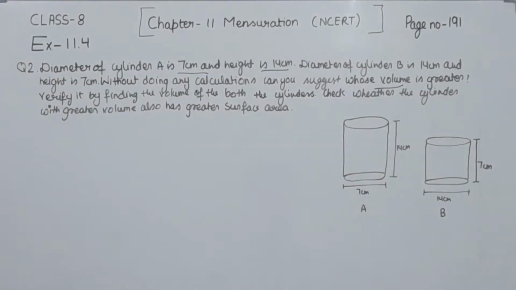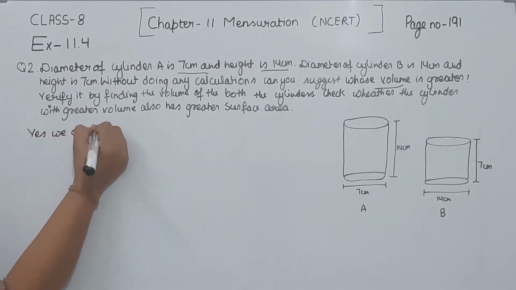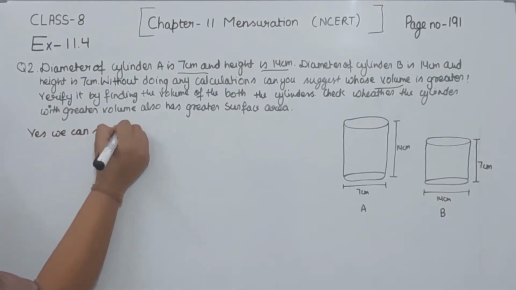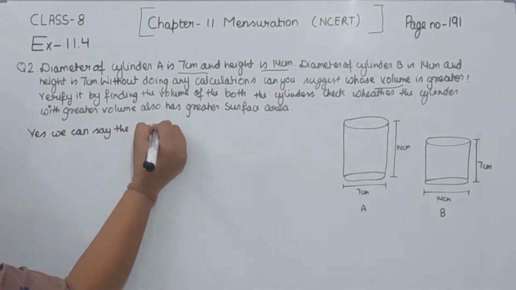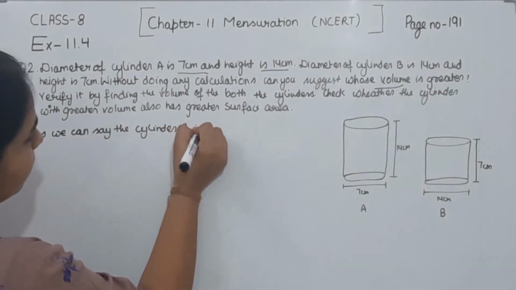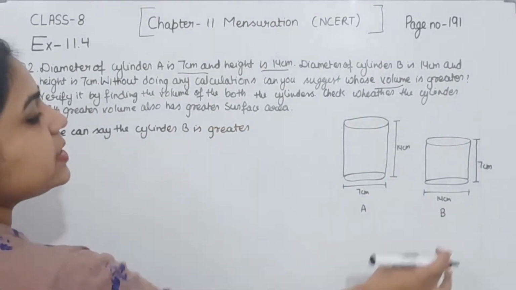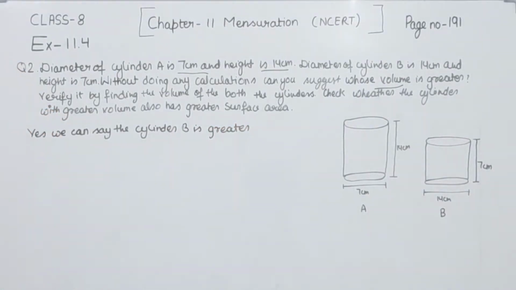So we are going to write the statement here. Yes, we can say that cylinder B is greater. Why? Because this has the greater diameter.